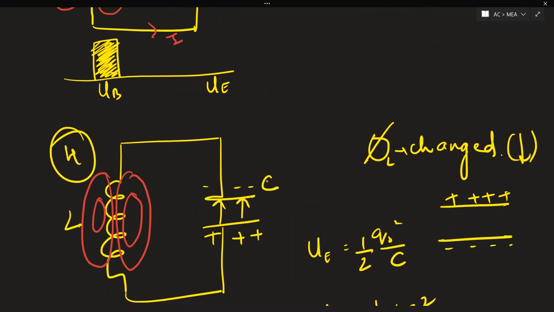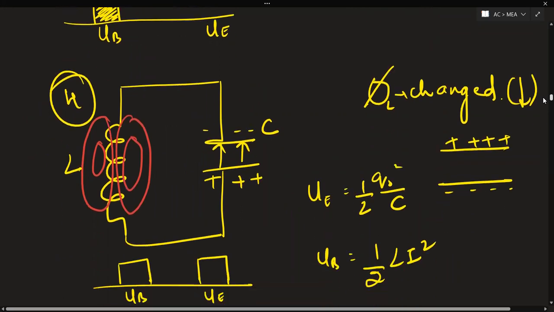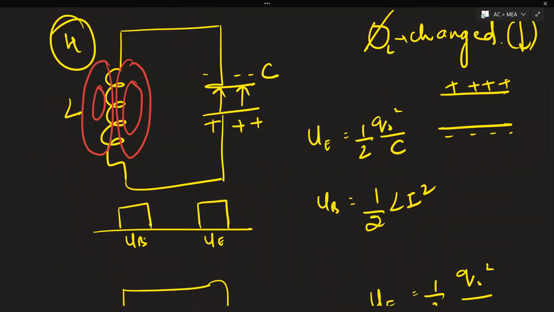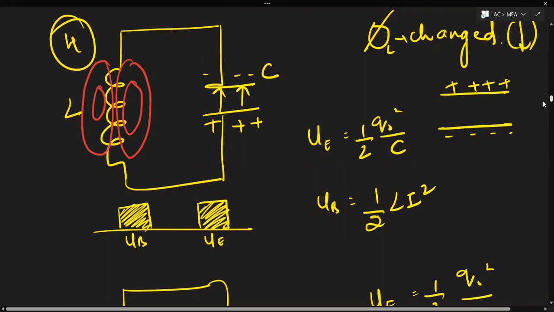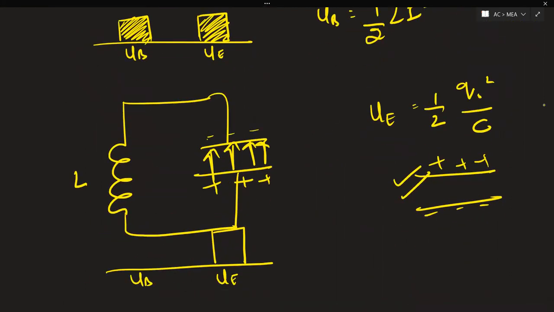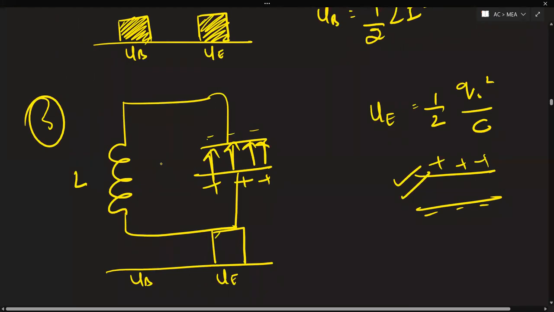So again, magnetic energy is now getting converted into electrical energy. There will be a decrease in the magnetic energy and an increase in the electric energy this time. In the fifth step, the polarity will just become opposite, and the rest of the things will be the same.